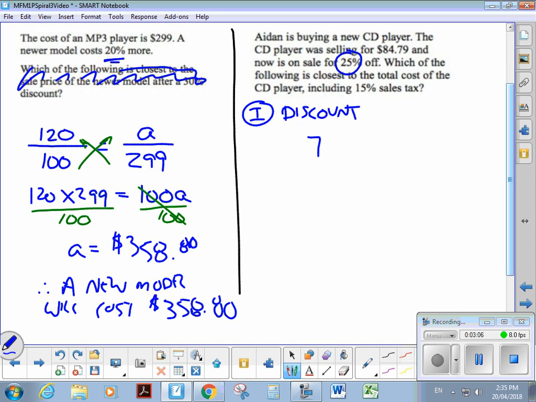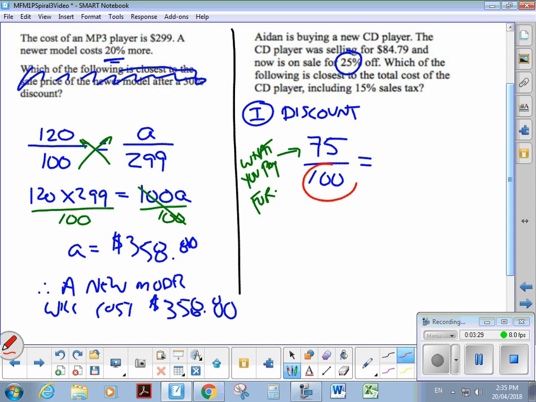You're going to pay for 75% of the original price. So that's where I'm getting my 75%. I could do 25%, subtract it from the total, but I want to get the final answer right away. So I'm going to pay for 75% of it.